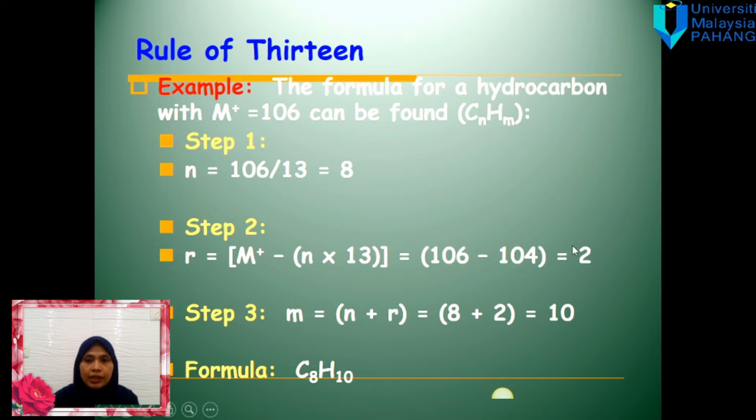So the balance, R, is 2. Now that we have the values of n and R, we can determine m. m is equal to n plus R. n is 8, R is 2, so the total is 10. So the molecular formula for this molecule is C8H10. This is how we can calculate based on the Rule of 13.